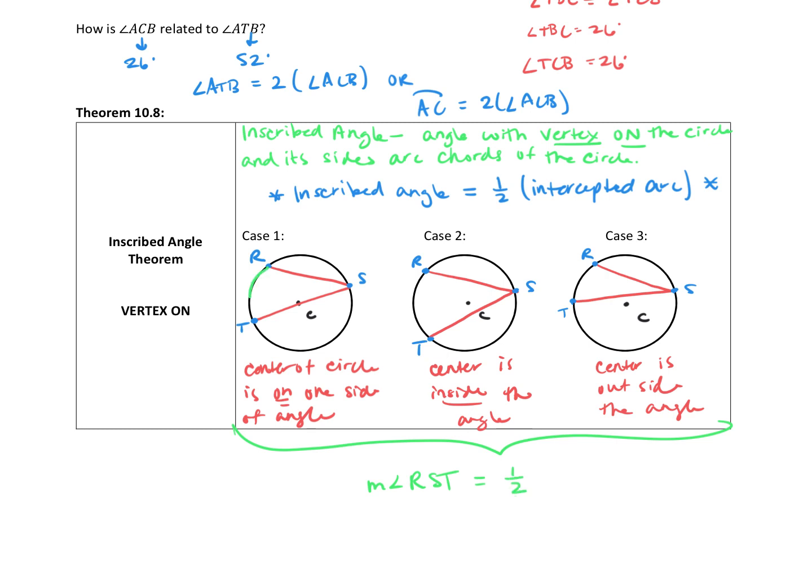And the arc it intercepts is the arc that, if you follow your angle out, it creates, or intercepts, of the circle. It's always equal to half of arc RT. So that's the relationship between an inscribed angle, an angle whose vertex is on the circle, and the intercepted arc. It is equal to half of the arc measure.